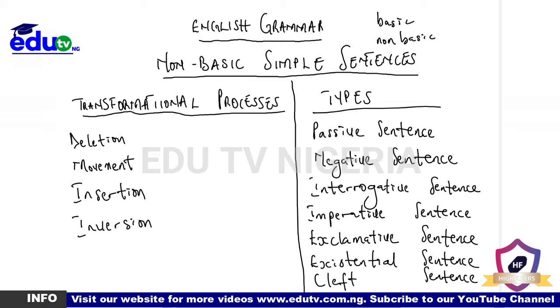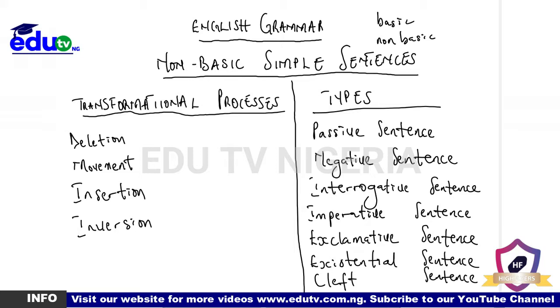These transformational processes are the things that make non-basic simple sentences differ from basic simple sentences. Do you understand it?